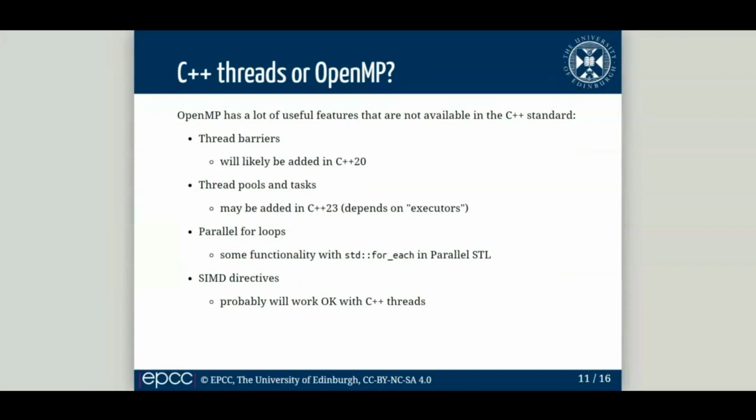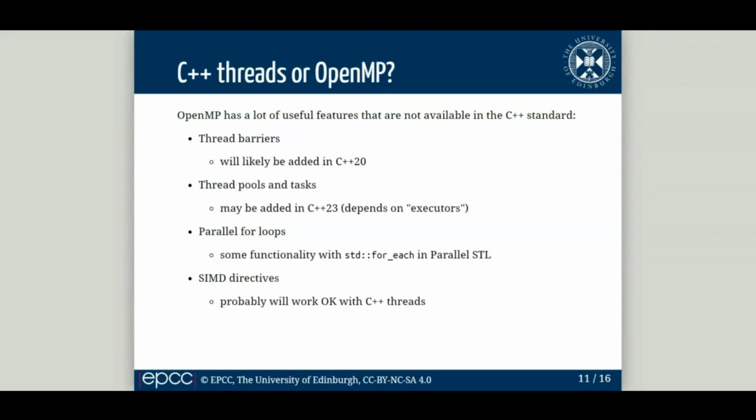The other way around is also true: in OpenMP we have some useful features that are not available in the C++ standard. We have thread barriers. These thread barriers mean that if you use OpenMP, or if you use MPI, you can have a barrier.